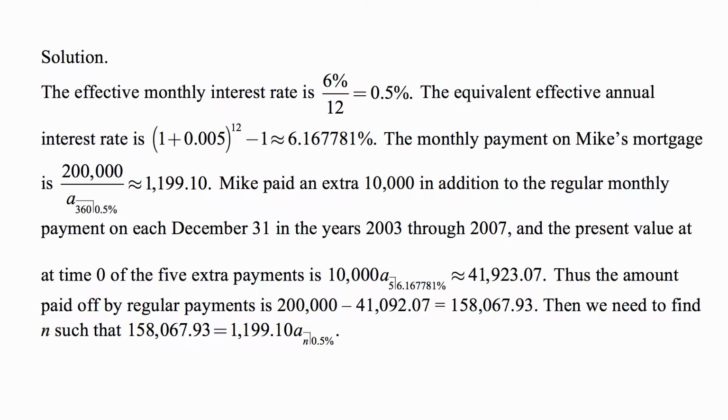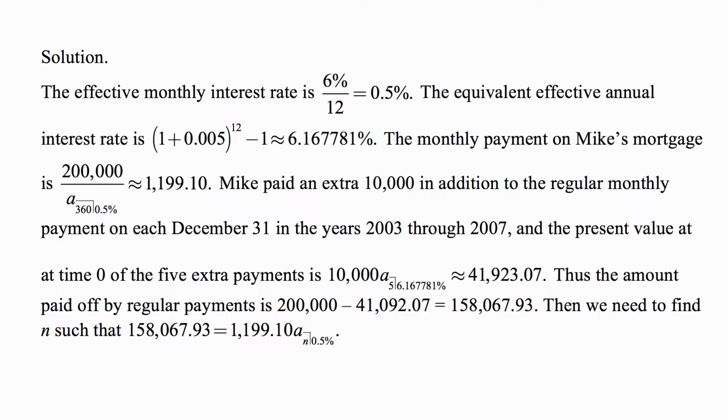That reduces the balance of the loan that he is paying off. So of the initial 200,000, only 158,067.93 is left to be paid off by regular payments.